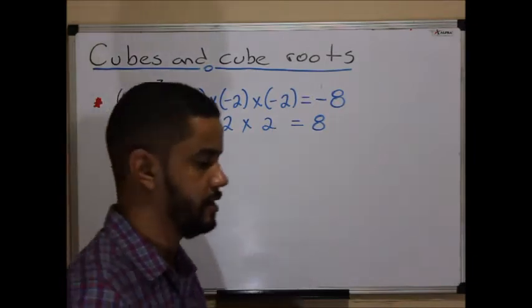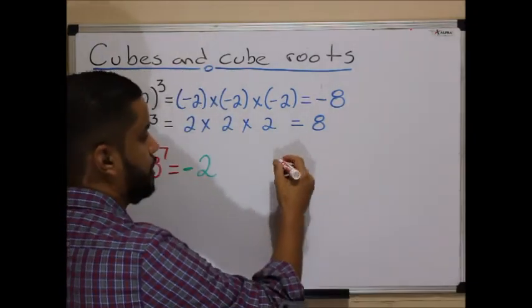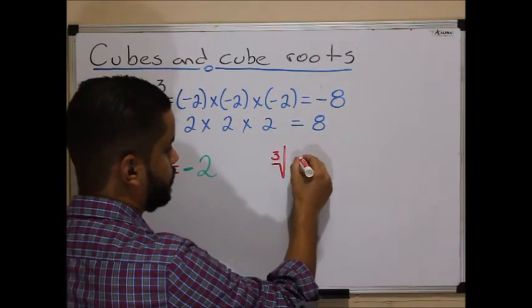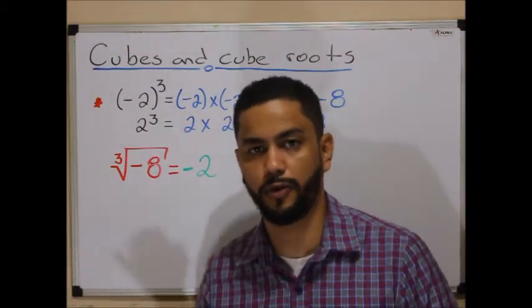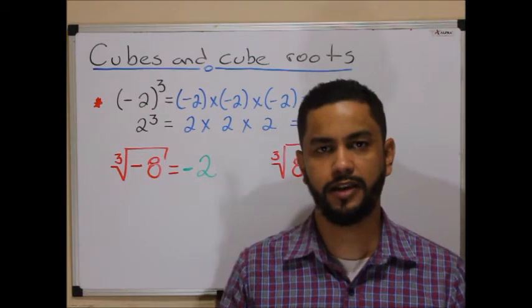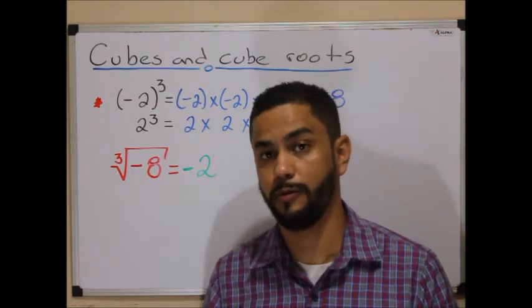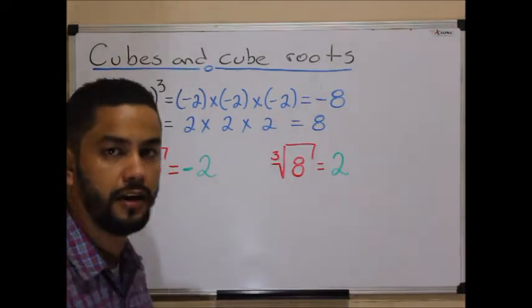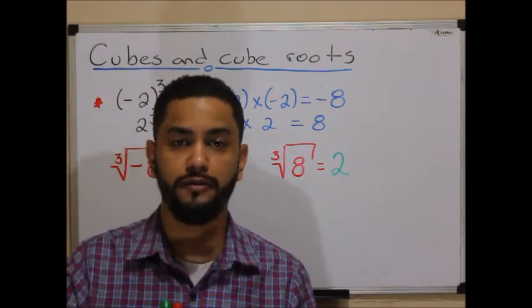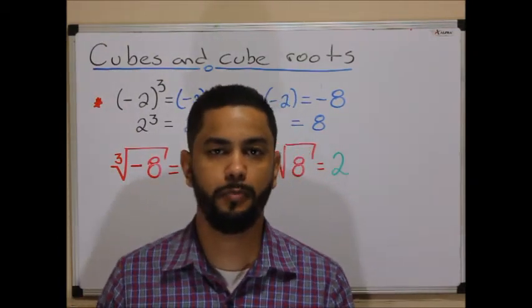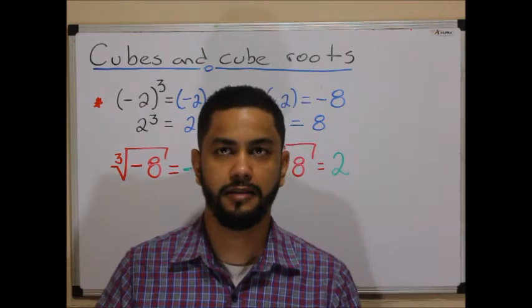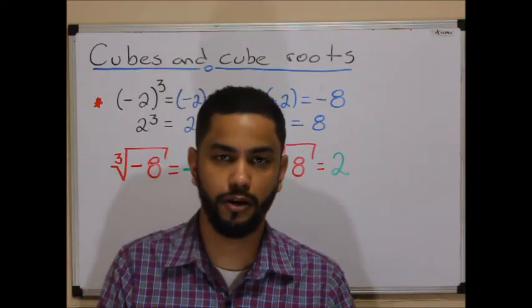Now let's see what will be the cubic root of 8. So which number is repeating itself 3 times? Just 2, positive 2 there. So when we are looking for a root, we are looking for the number that repeats itself a certain number of times.